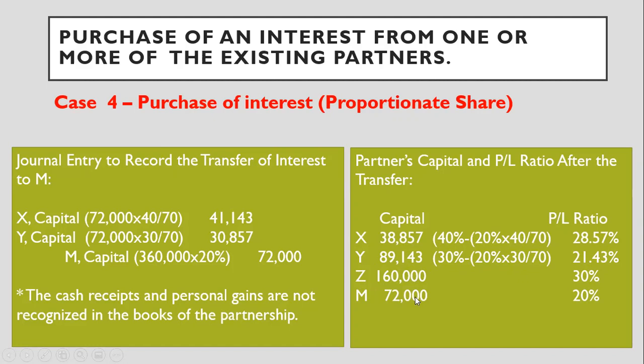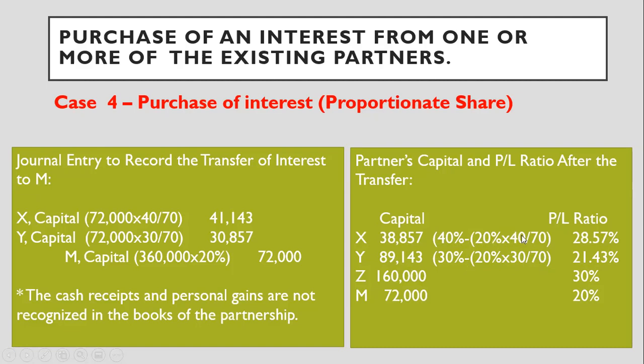Then M is 72,000. And then for their P&L ratio, the 20% will be given to M. So this will be apportioned by X and Y using their P&L ratio. So the 20% will be the amount or the figure to be deducted from their original P&L ratio.